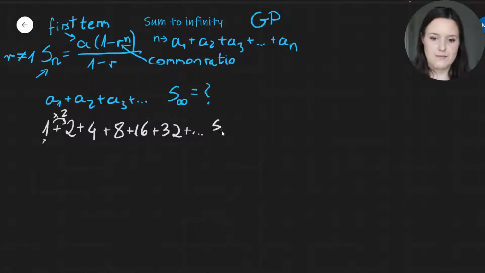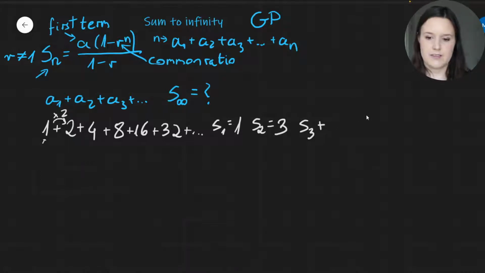So S1, the sum of the first one term, is just the first term. Then S2 is the sum of the first two terms, so 1 plus 2, that's 3. Then S3 will be the sum of the first 3 terms, so that would be 7.